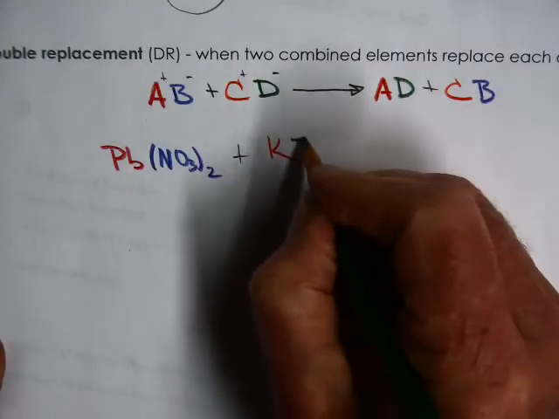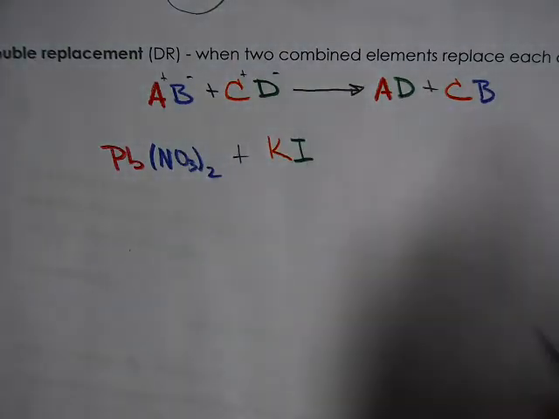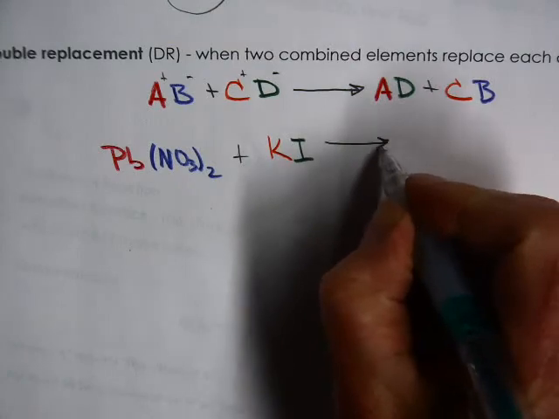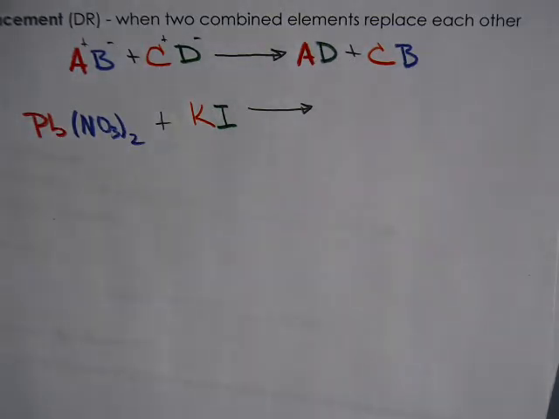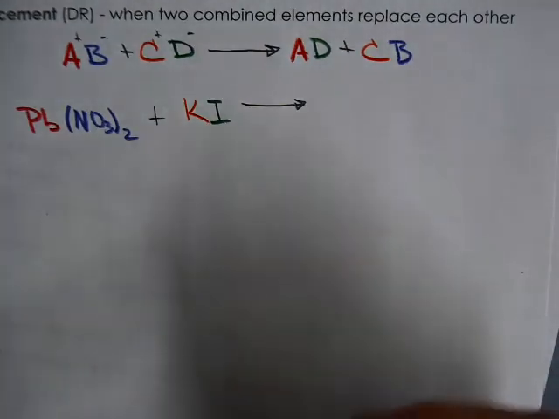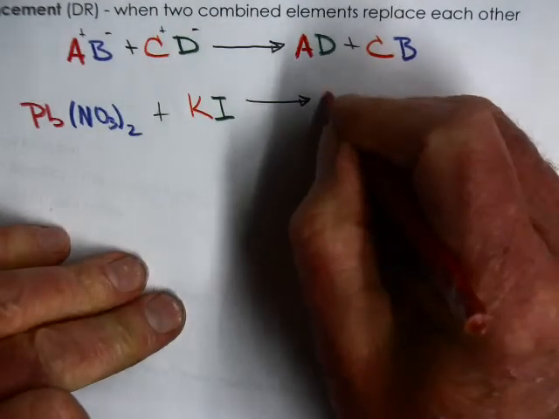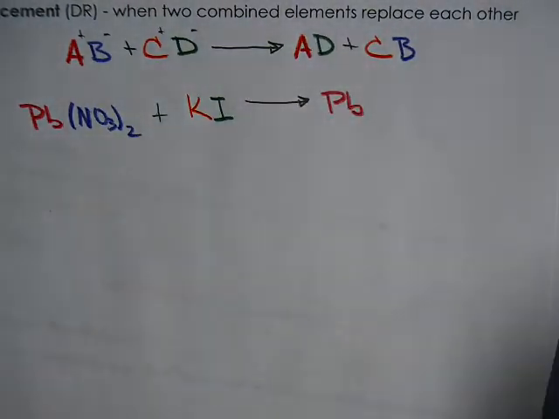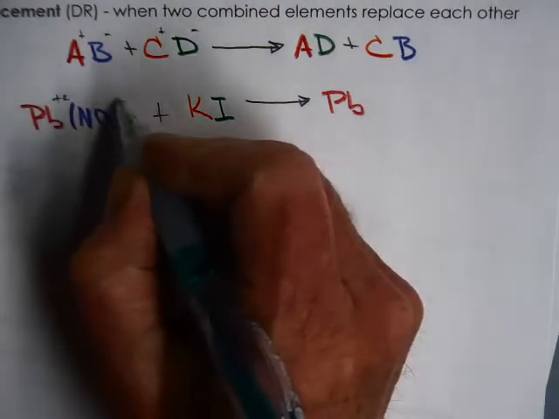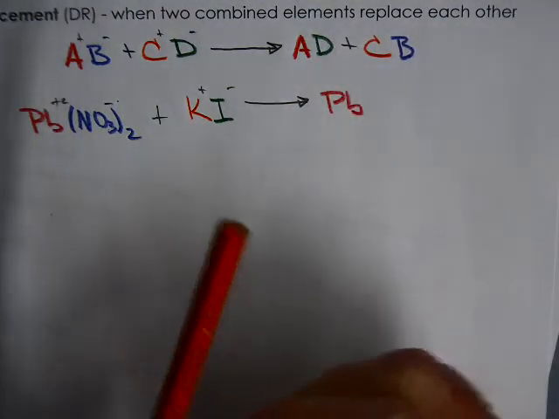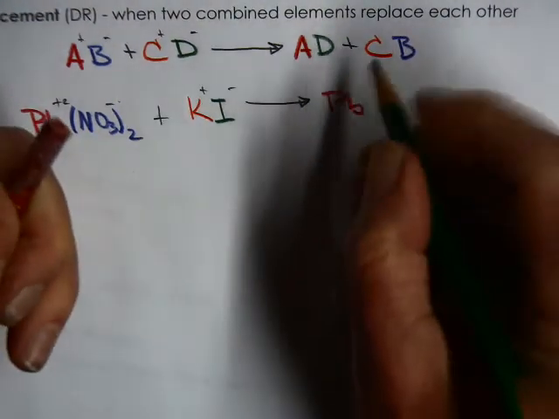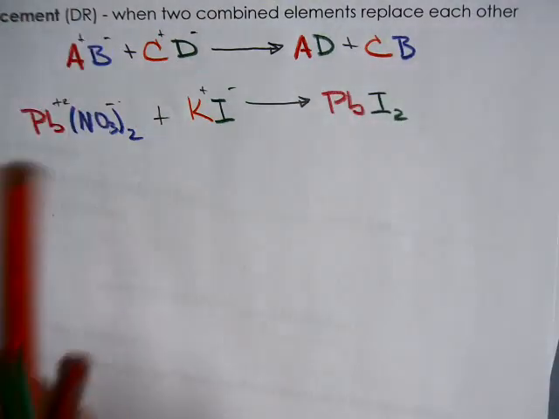Both of these are very cheap, and they have an instantaneous and rather startling effect. And so what's going to happen is that Pb is going to go with I. So you're going to get Pb. Now this is plus 2, this is minus 1, this is plus 1, this is minus 1. So Pb is going to have 2 I's. It's going to be PbI2.